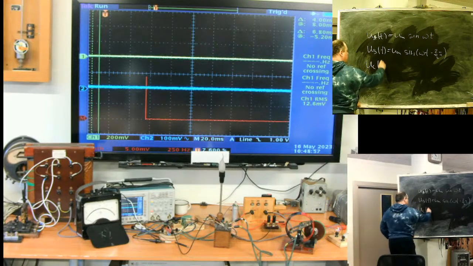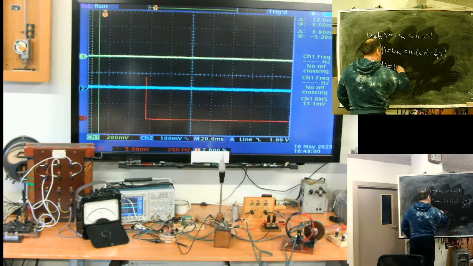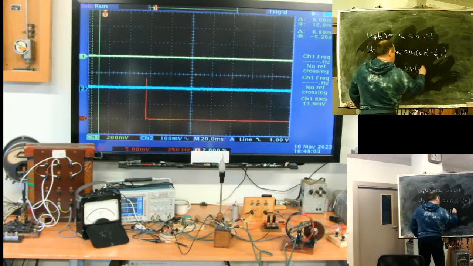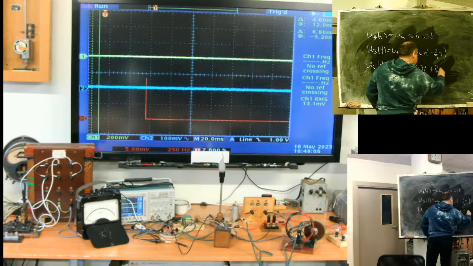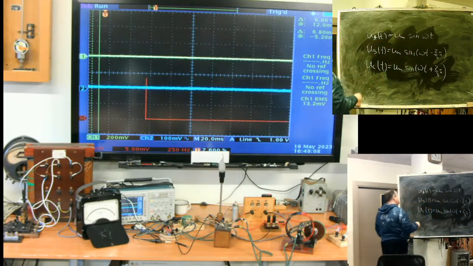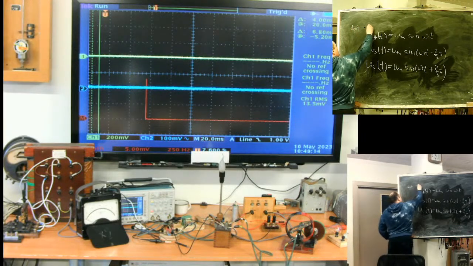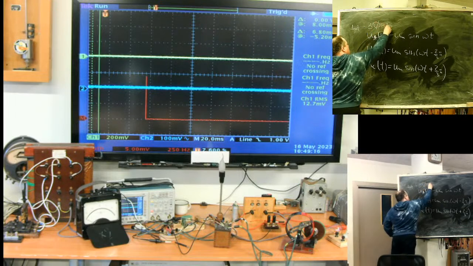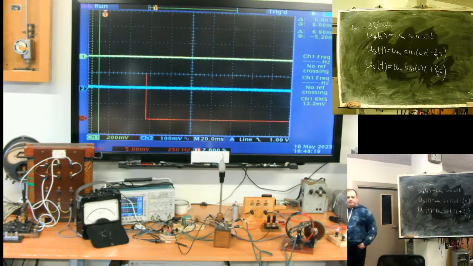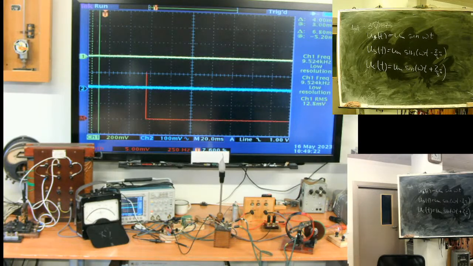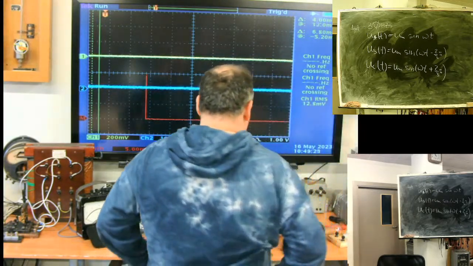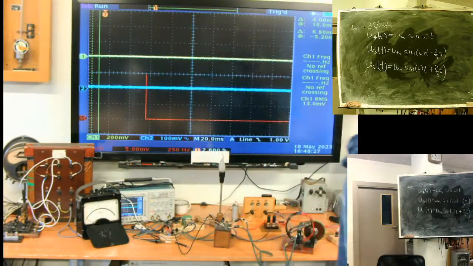And for C phase, for red phase, we will have the same. It's ideal for the first harmonic, or in our case 50 Hertz. In the United States it will be 60. Ideal generator: 120 degrees between phases. But it's an ideal generator.